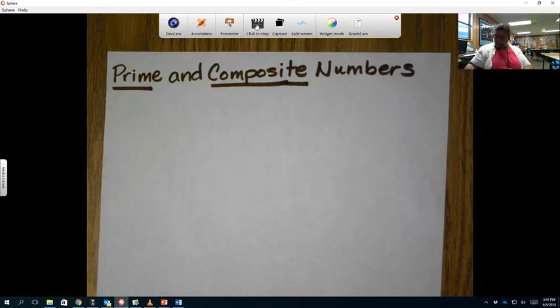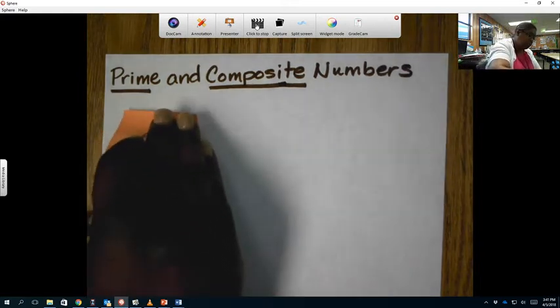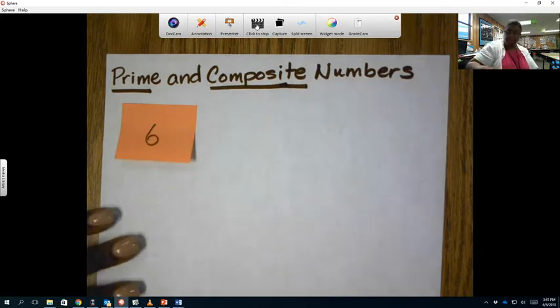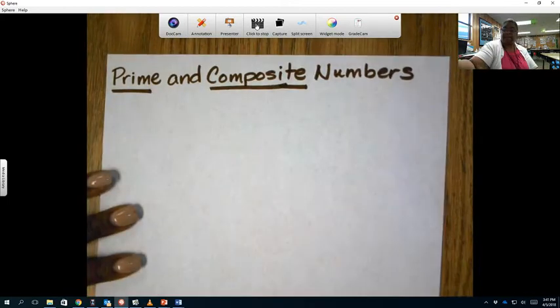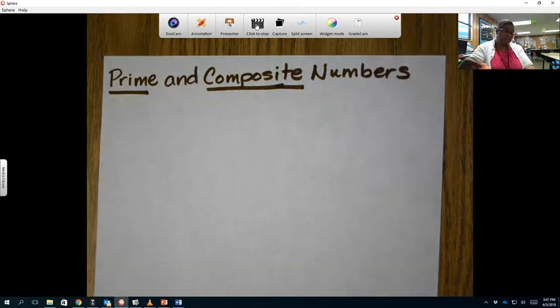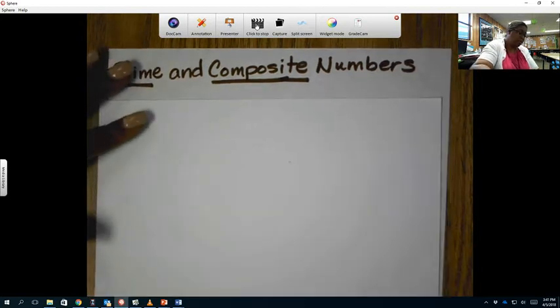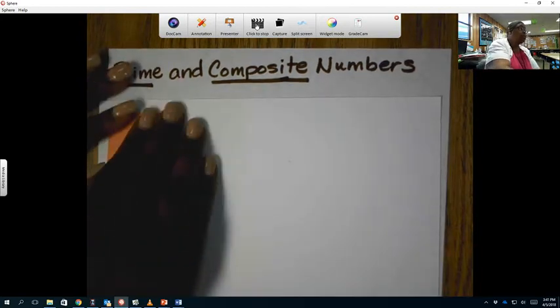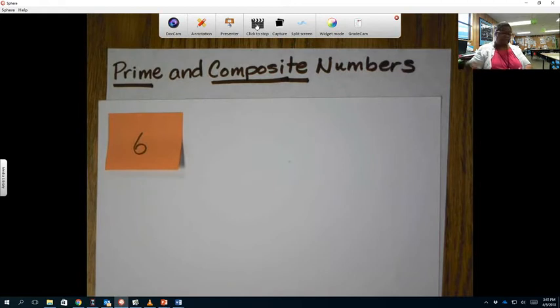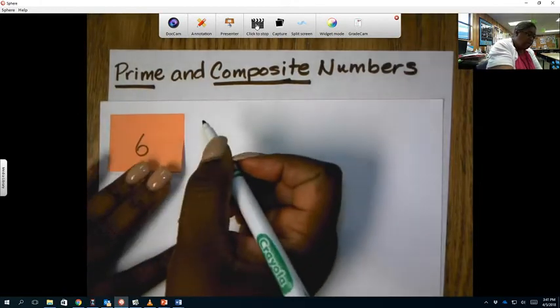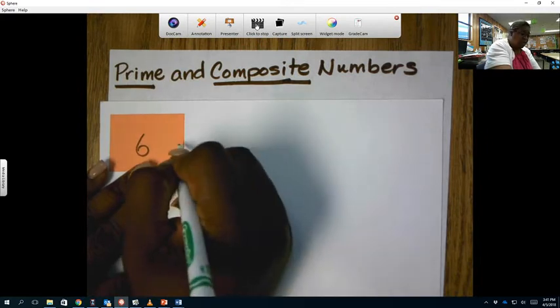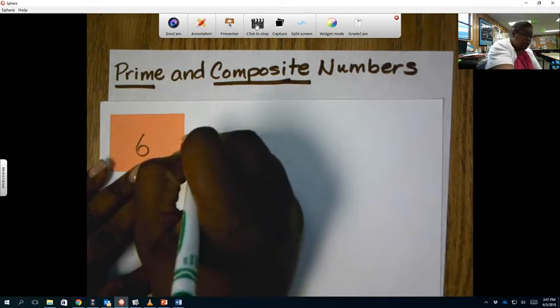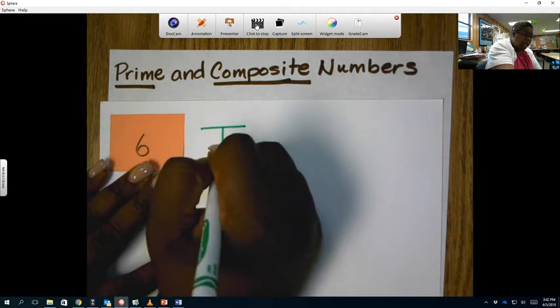I'm going to give you the number 6. Okay, let's look at the number 6. The number 6 is a composite number, and I know that because I'm going to list the factors. These are numbers that we multiply together. One of the ways we can list the factors is by making a T-chart.